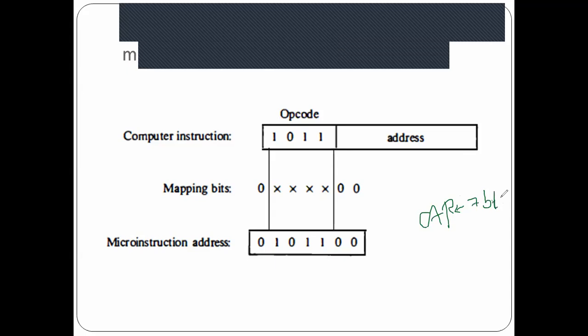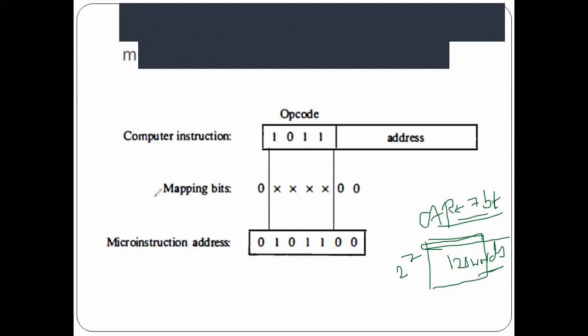It means your control memory is of size 2 power 7, so your control memory has 128 words. Each location will have a set of control signals, right? How many bits each location has, we will see a bit later. So your control memory size is 2 power 7, and the number of address bits required is 7.